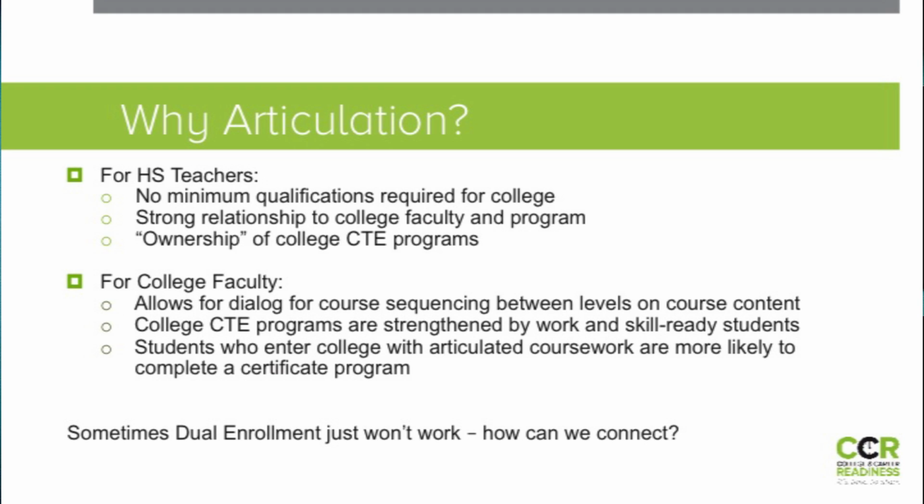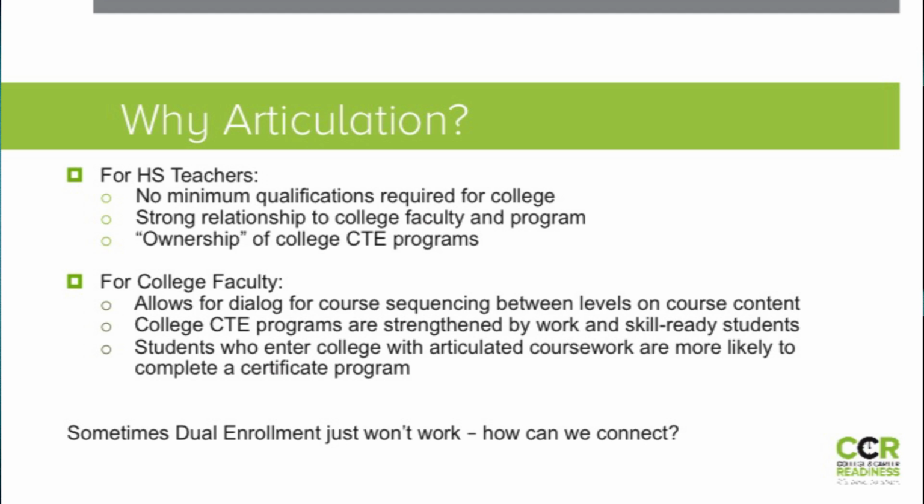Another benefit is that the high school teacher has to have a strong relationship with the college faculty and their college program. In order to ensure that the course sequence is appropriate, there's ongoing conversation that needs to exist between the high school and the college faculty member. That's really when we see these 9 through 16 pathways at their best, when the college faculty and high school teacher really understand each other's programs and are able to discuss the course sequence and accept each other's students.